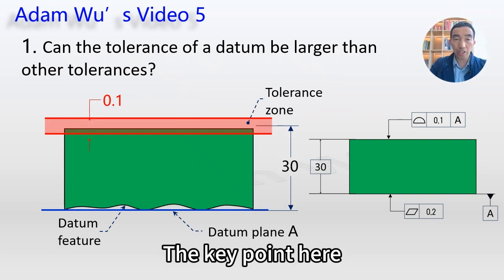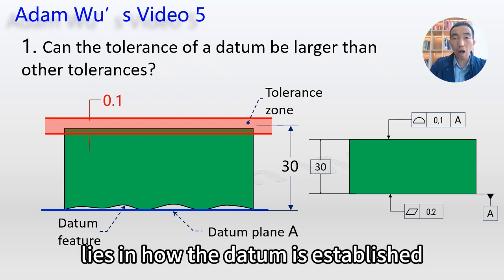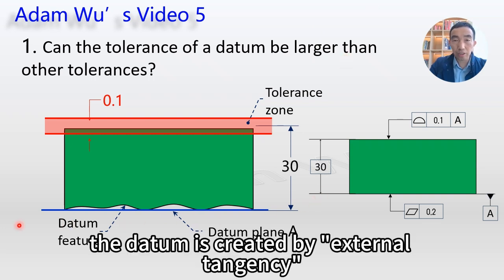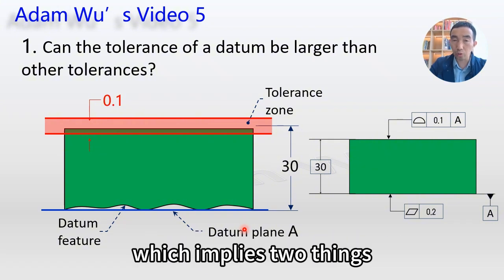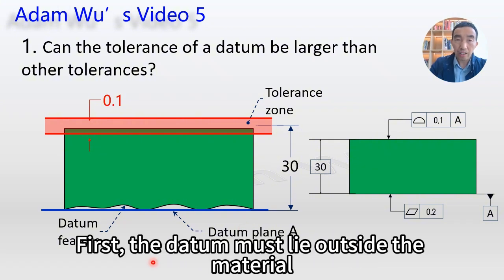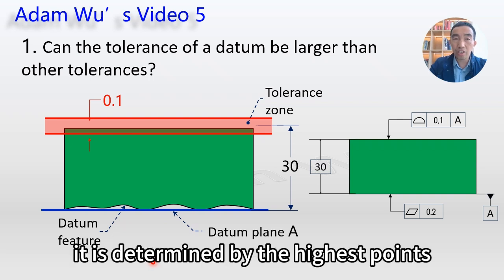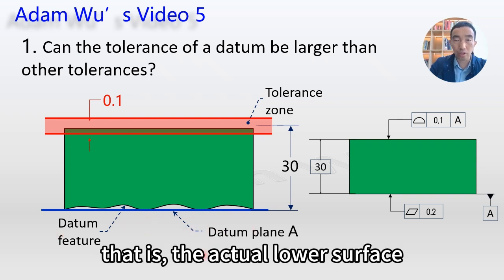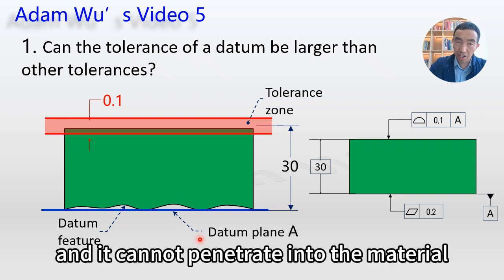The key point here lies in how the datum is established. As we just discussed, the datum is created by external tangency, which implies two things. First, the datum must lie outside the material. It is determined by the highest point of the datum feature, that is the actual lower surface, and it cannot penetrate into the material.